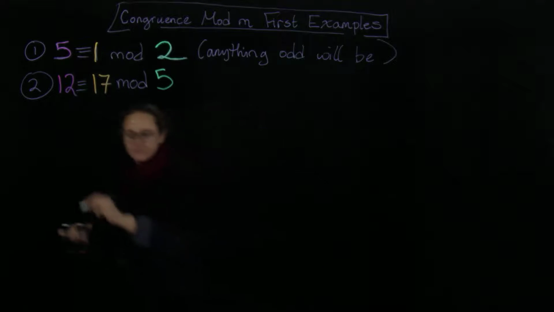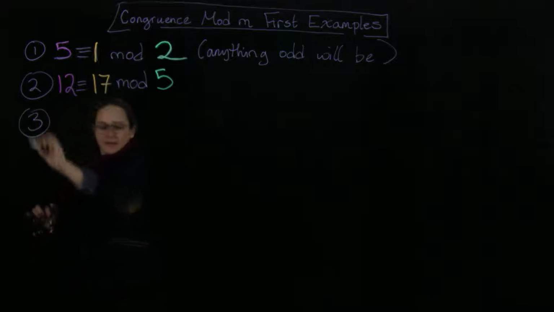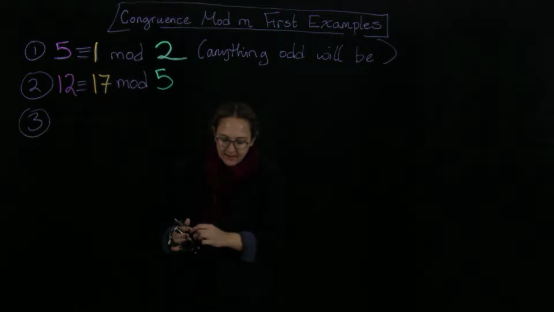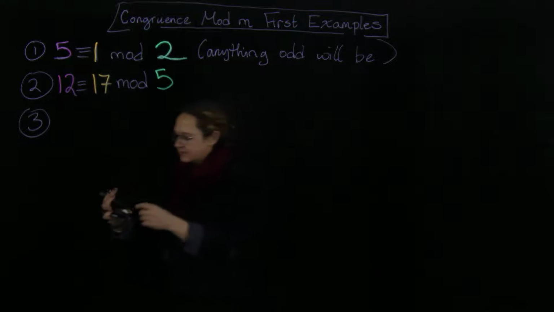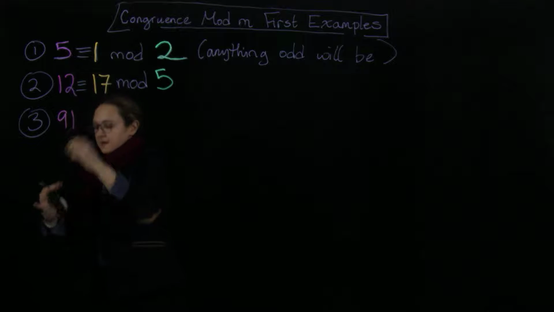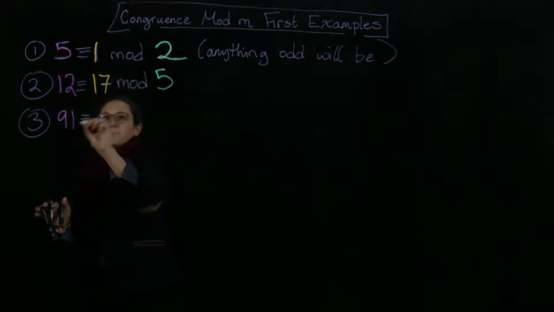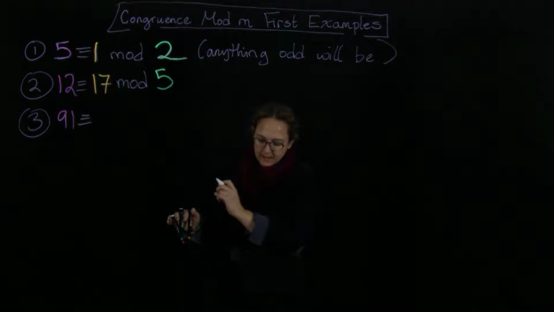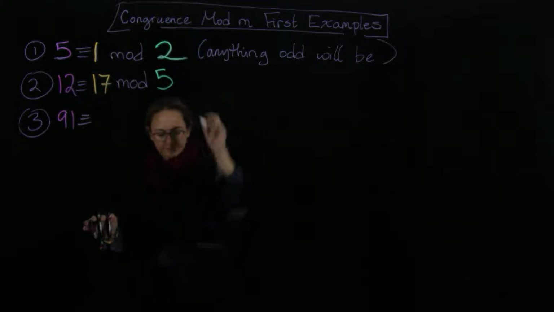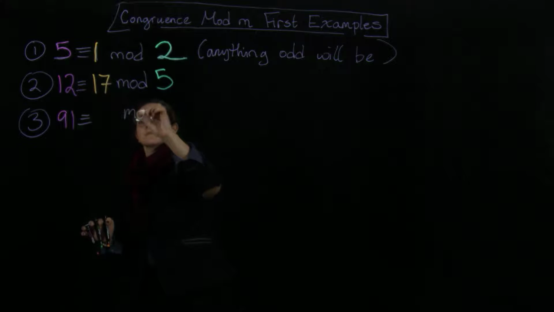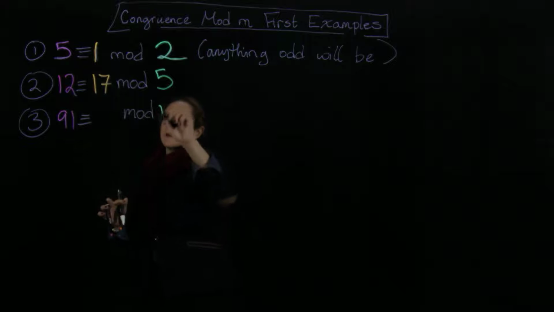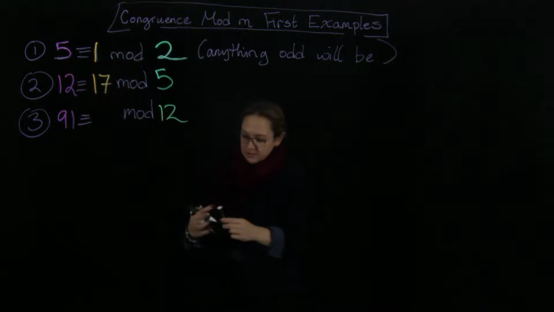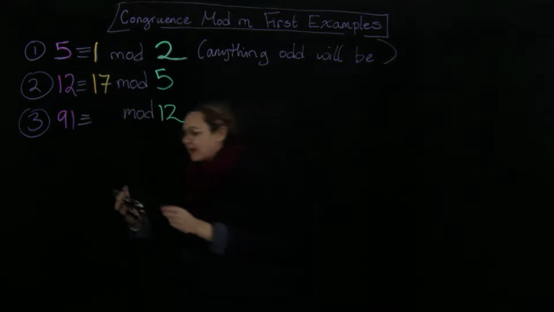Okay. The next one I want to look at is, what if we have 91? So 91, and we're looking at what it's congruent to, and we're looking mod 12. One of the things that this is actually congruent to is minus 17.